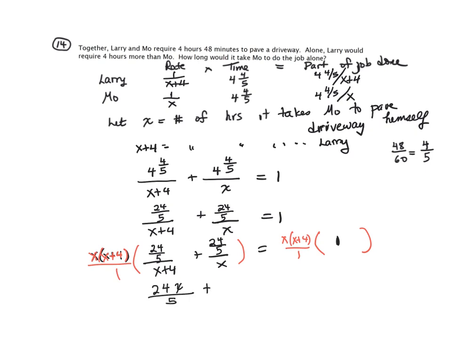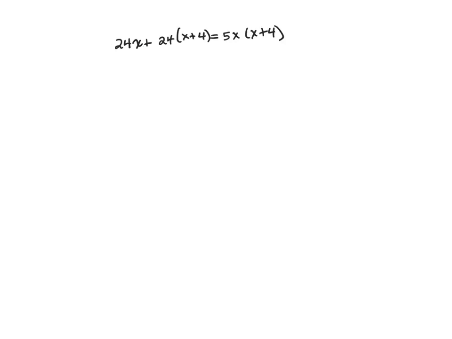And the x divides through, so we get 24 over 5 times x plus 4, is equal to x times x plus 4. Now, we can multiply both sides by 5 to clear all denominators. So we get 24x plus 24 times x plus 4 equals 5x times x plus 4.